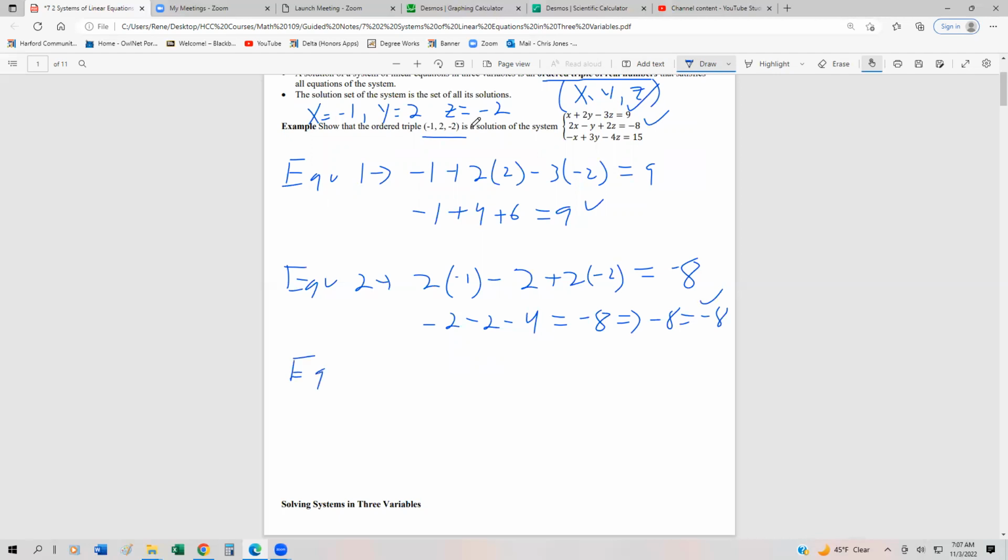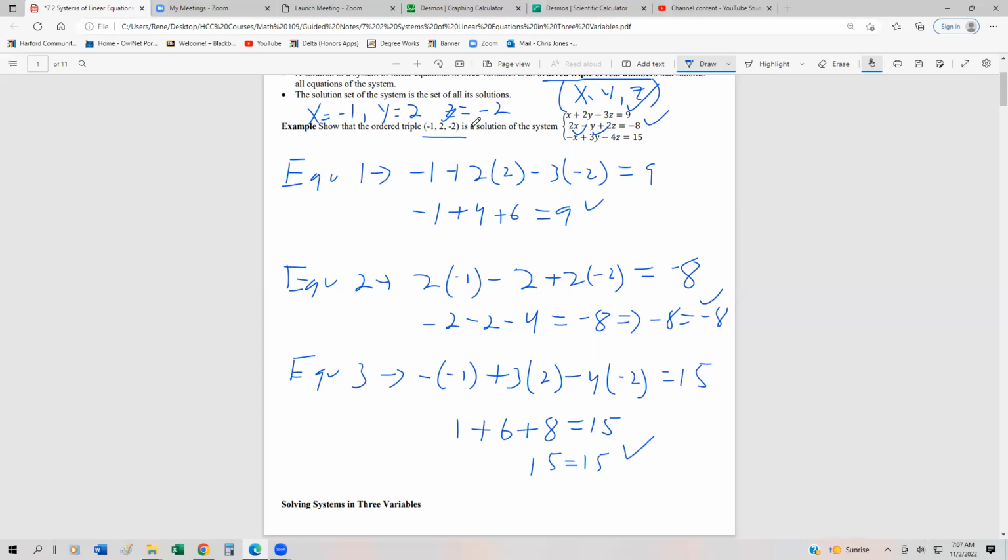Finally, equation 3. Substituting, we get the opposite of -1, plus 3 times 2, minus 4 times -2, and that's supposed to equal 15. Well, 1 plus 6 plus 8 gives us 15 equals 15, and yes.